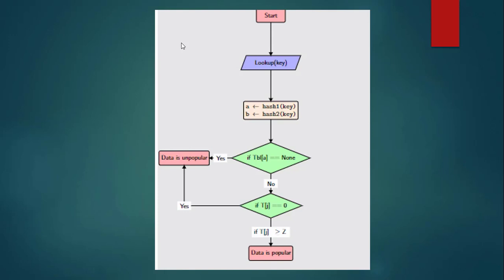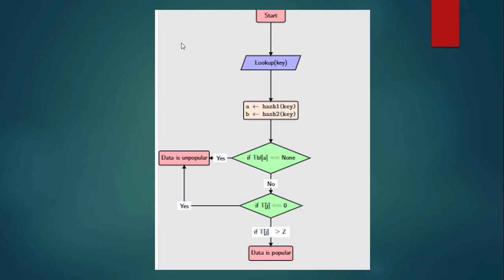If that table entry is none, then there is no data, so the data you are looking for is unpopular. If it is not none, then the secondary level hashing will be used for the secondary subarray. If in that subarray the popularity count is 0, then the data is unpopular. If it is not 0, then there is data and it has duplicates.